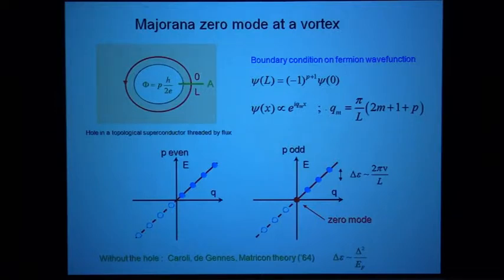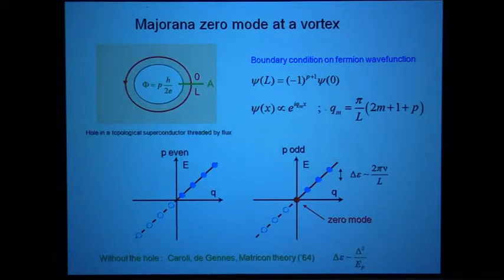But when you apply a magnetic flux in here, then that changes the boundary condition. Now, of course, in a superconductor, you're not free to choose just any magnetic flux. You have to choose a multiple of the superconducting flux quantum, which is h over 2e. Okay? And so if you have a h over 2e vortex, then a fermion going around that vortex picks up an additional minus sign.